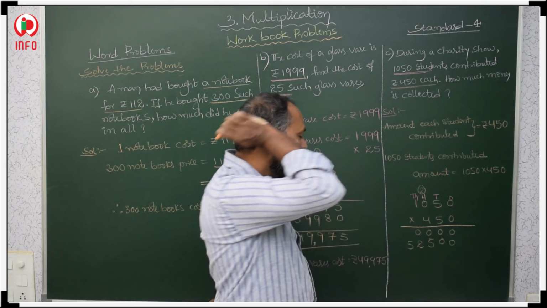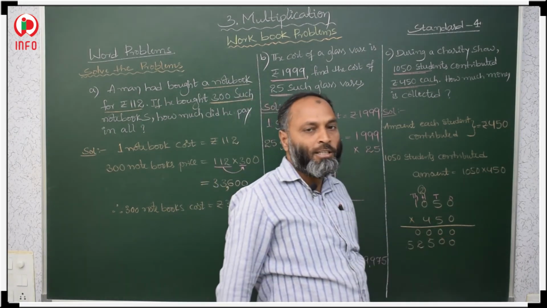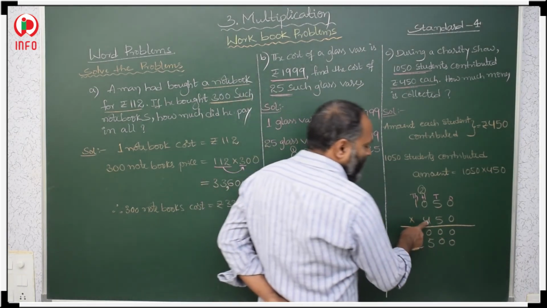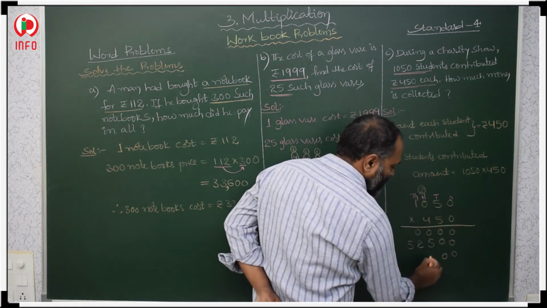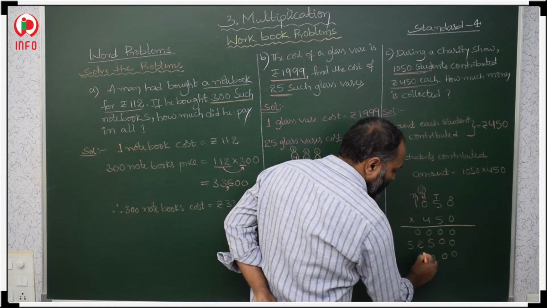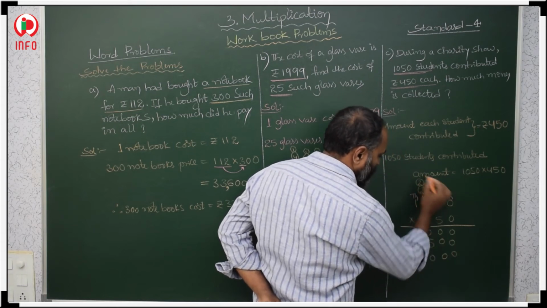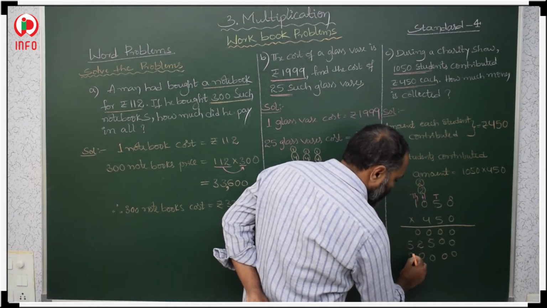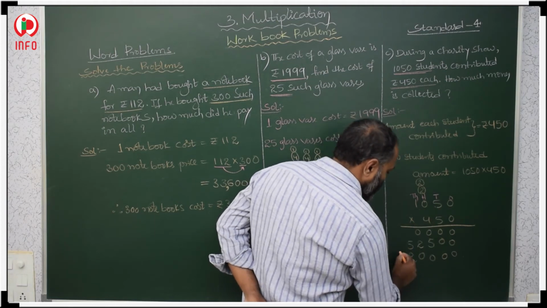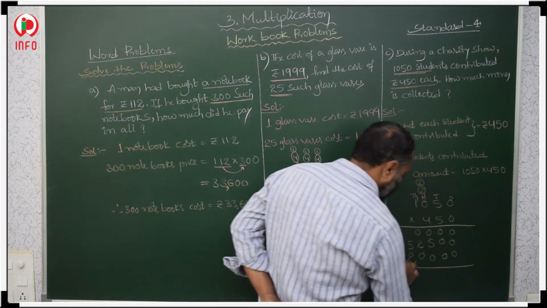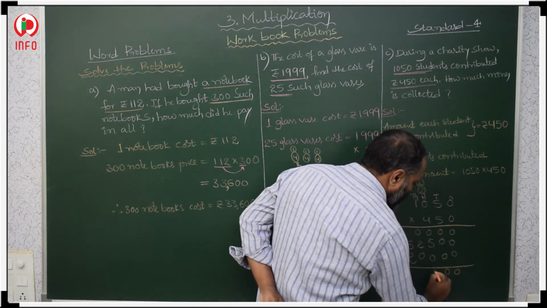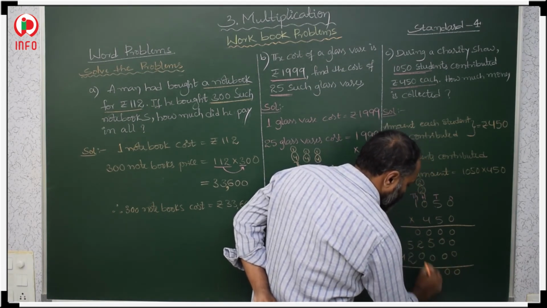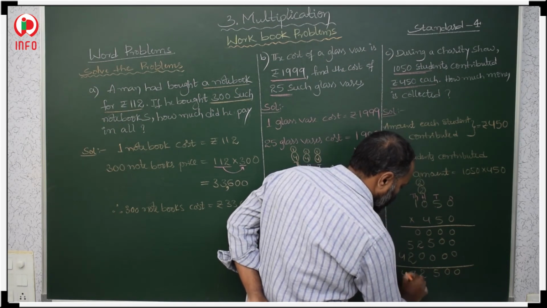Why do we have to take 0? Because 5 is in the tens place. Now 4 is in the hundreds place, we have to take 2 zeros first. 4 zeros are 0, 4 5s are 20 and 2 here. 4 0 0, 0 plus 2, 2. 4 1s are 4. Now you add. 0, 0, 5, 2, 7, 4.